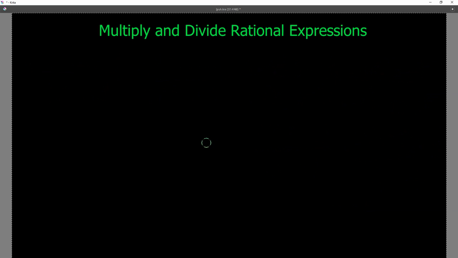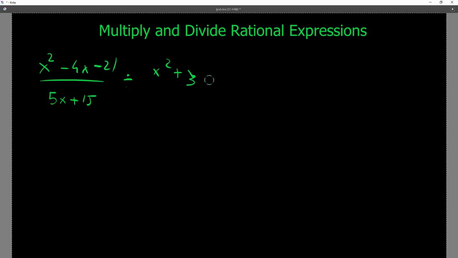I'll do 2 more examples. Now I'm going to move to division, because we multiplied already. All right, so I have x squared minus 4x minus 21 over 5x plus 15, divided by x squared plus 3x minus, what is that? 20?